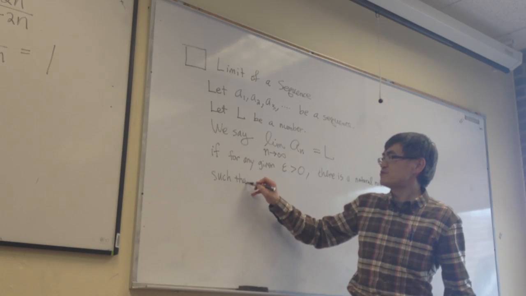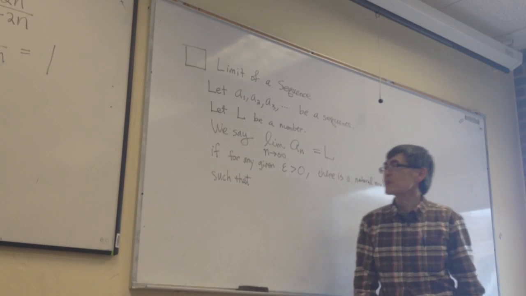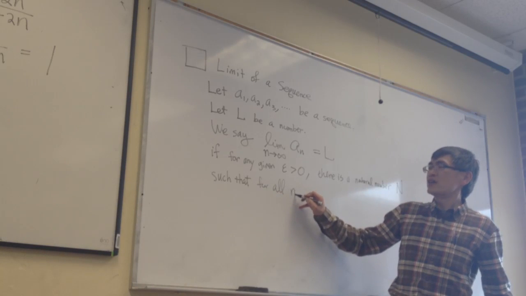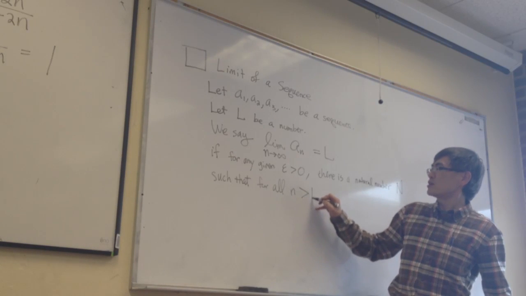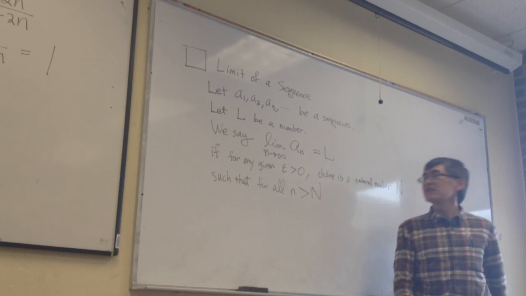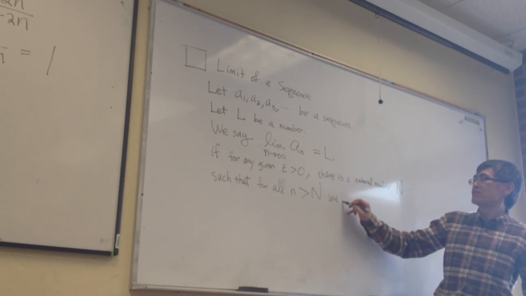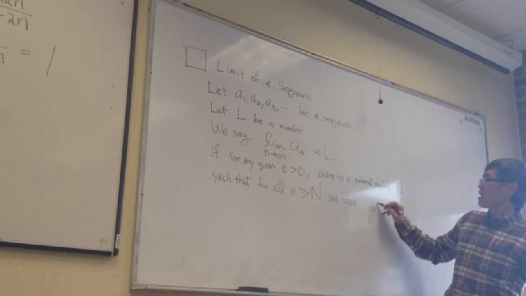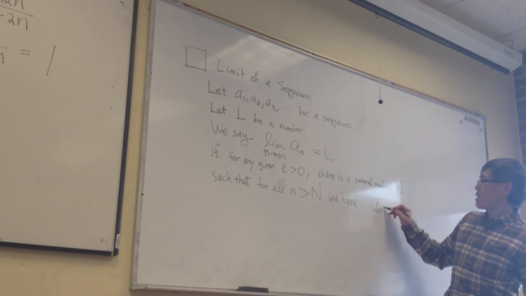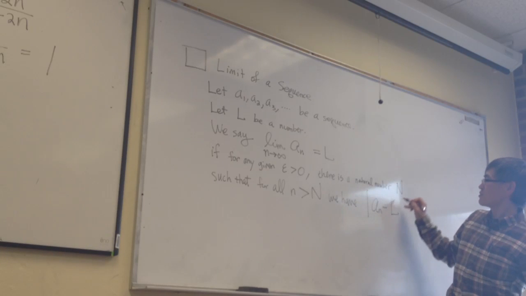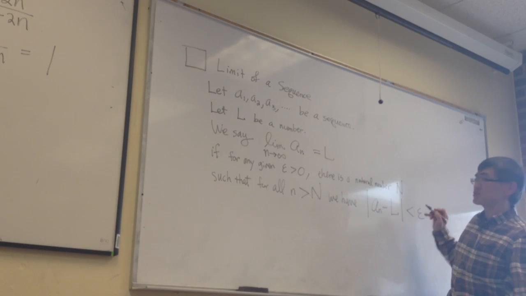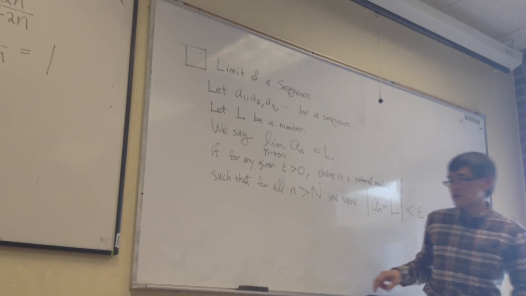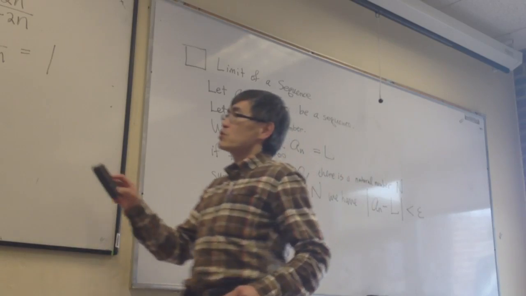Such that for all indices n greater than that response N, we have the absolute value of a_n minus L is less than epsilon. So let me draw a picture to try to show you what's going on here.